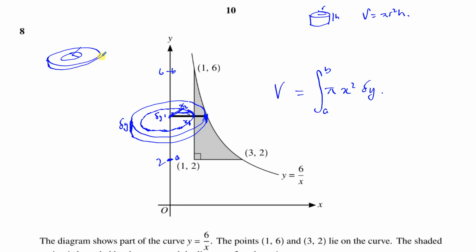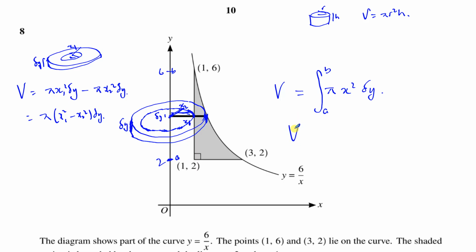And if you want to find the volume of this shape, that's x1 and that's x2. Now the volume of that shape is going to be pi times the outer radius, which is x1 squared dy, minus the volume of the part that's missing, which is pi times x2 squared dy, which will give you pi times x1 squared minus x2 squared dy.